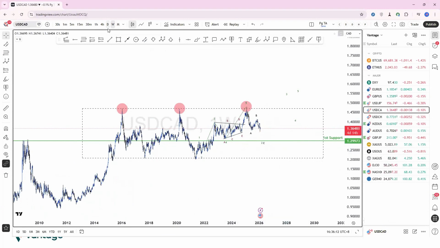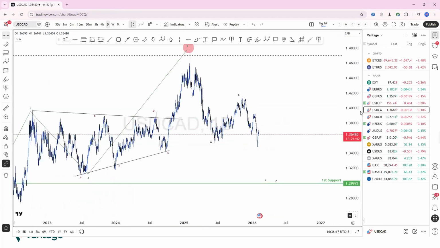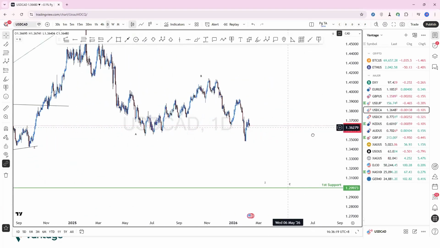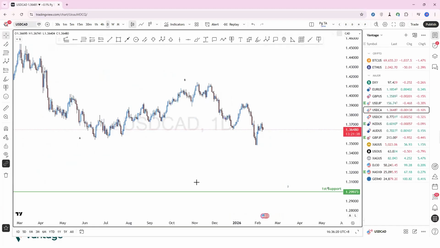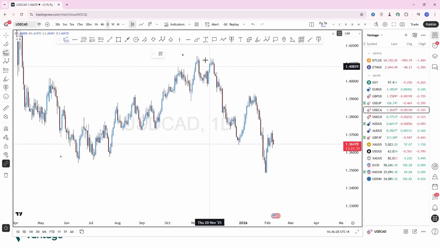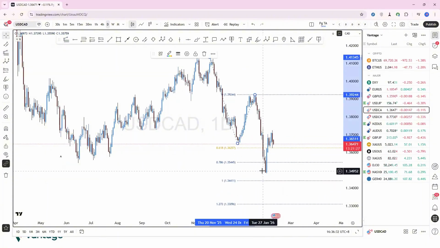Now in the D1 time frame, what do you see? Do you see the zigzag right here? Let's say it almost hit 100%.